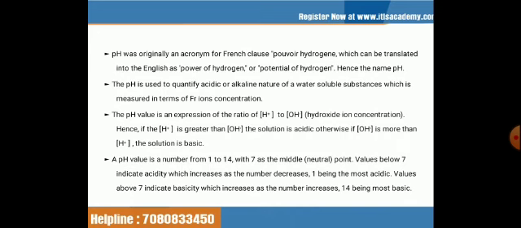Values above 7 indicate the basicity of any solution, which increases as the number increases from 7 to 14, and 14 is the most basic in nature for that particular solution or substance.